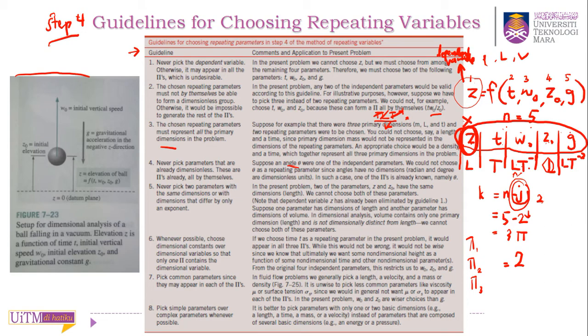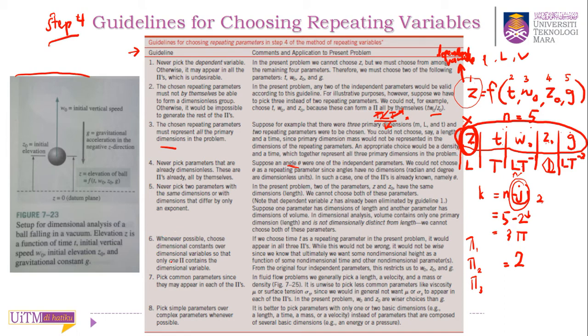Or a parameter that has the same dimension but only differs in the exponent. Let's say you have the angular speed, which is T minus 1. You want to choose that angular speed with T. So T and T minus 1 are the same dimension, just differing in the exponent. So you cannot choose that. Okay, so that is the 5th guideline.